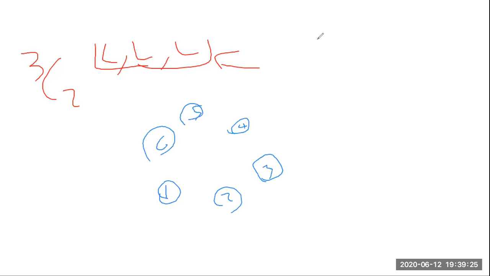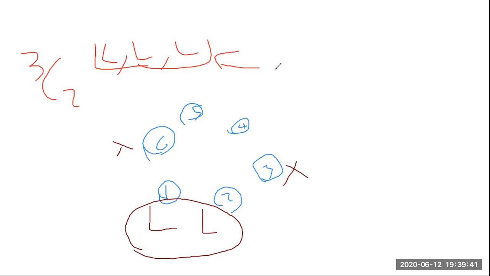The third lady cannot occupy seats 3 and 6. So these are occupied by the ladies we are grouping together, and these 2 cannot be occupied by the third lady. So there are only 2 choices, either 4 or 5.